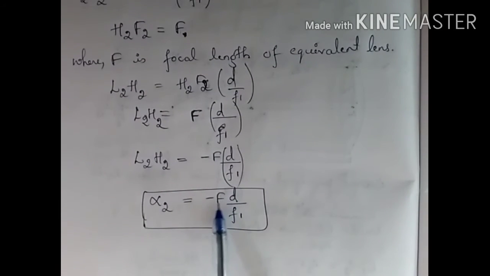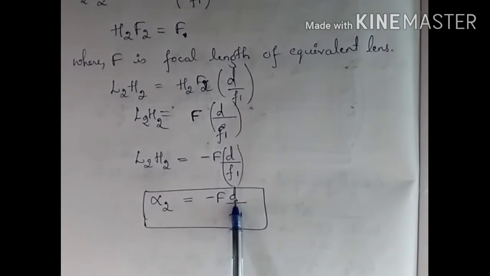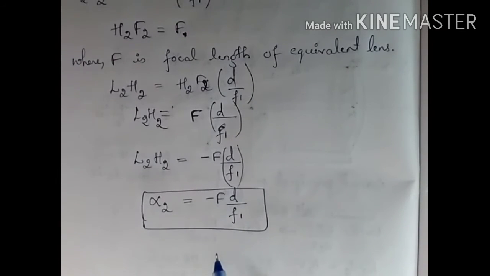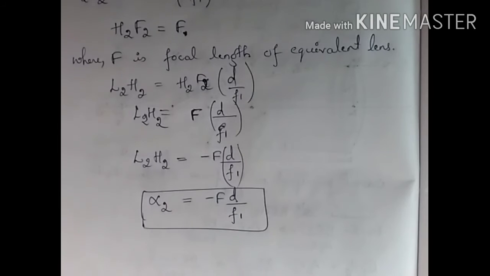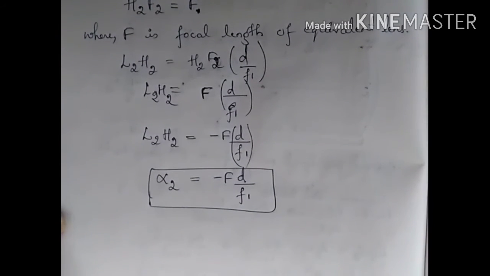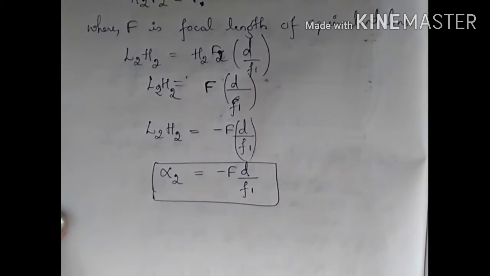F is the equivalent focal length, d is the separation distance between the two thin lenses, and f1 is the focal length of the lens L1. So we learned the position of the second principal point.